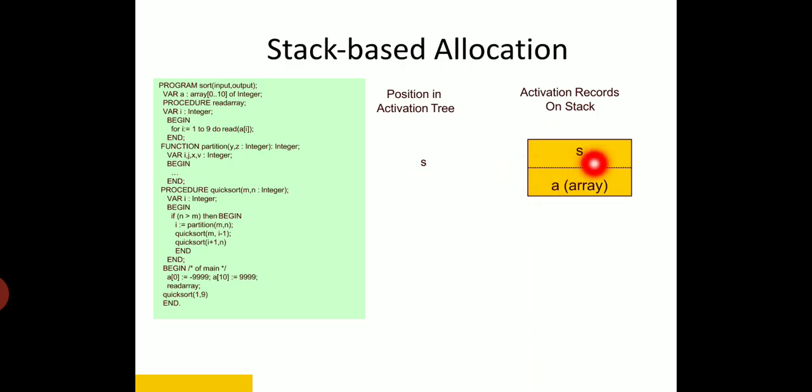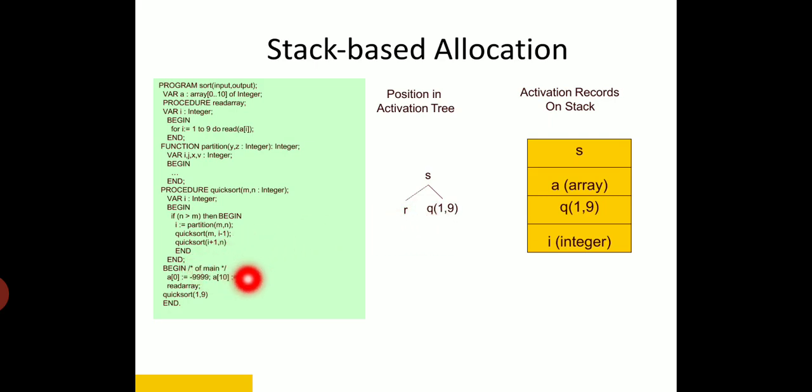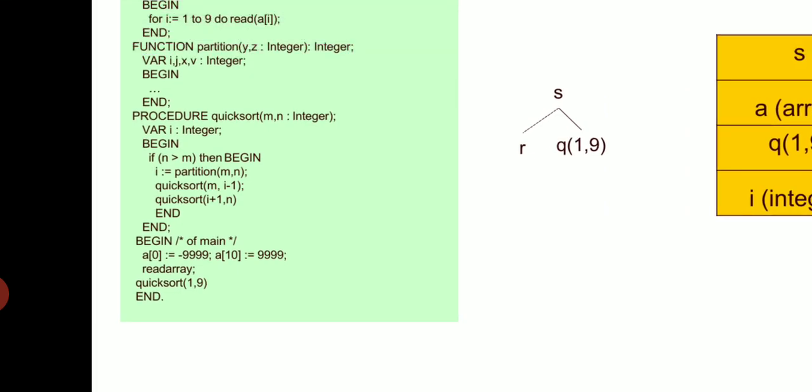So this is an example of stack based allocation based on the sorting program. The activation record on the stack, initially at S, will be the main program. In the main sorting program, the first statement of that main program is readarray. So the storage is shown here.